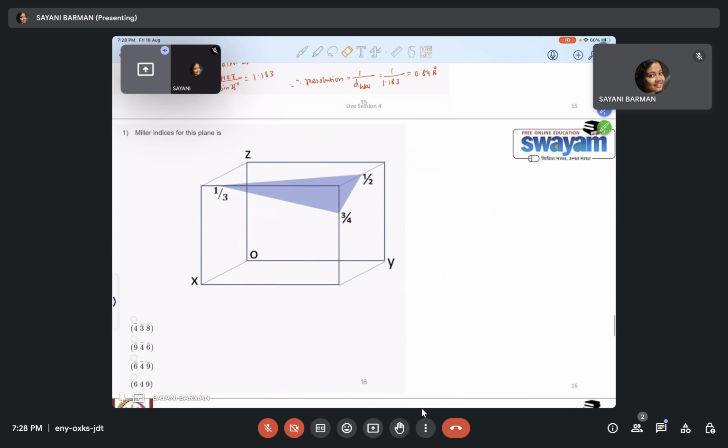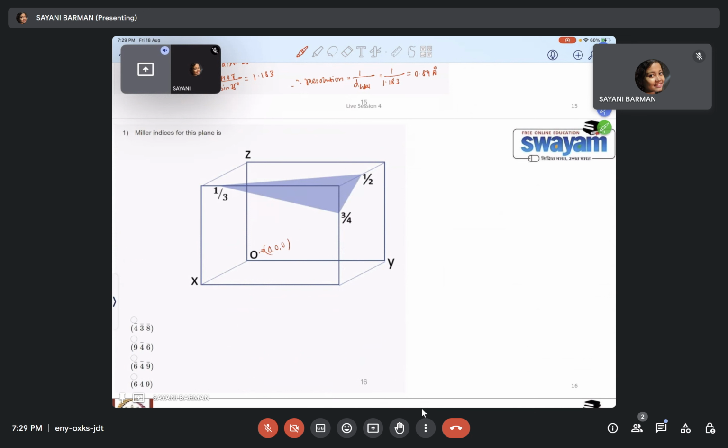Now the next one is the Miller indices for this plane. So for this plane, if we take this as O, as 000, then it will be a bit difficult.